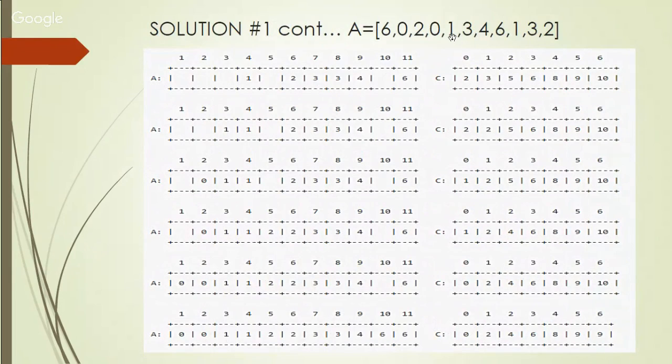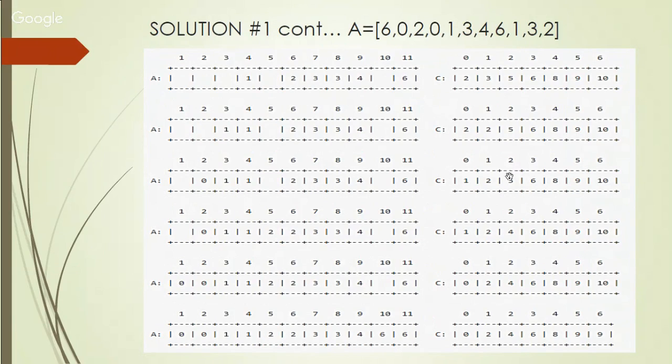Then you go to 1, currently at position 3, so I shall put that at position 3, then reduce to 2. 0 is at position 2, so you shall put it at position 2, then subtract 1 from there, you get 1.